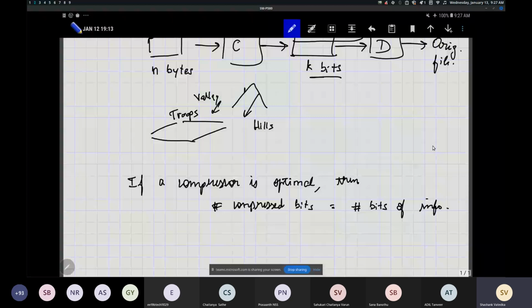In some sense, the compressed file size is proportional to the information content of a particular source.